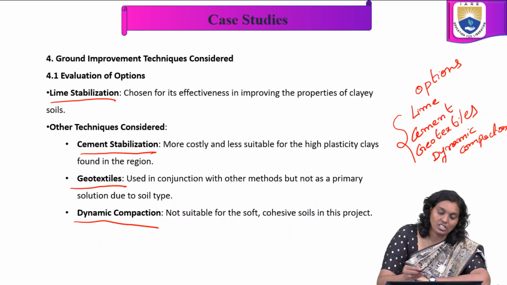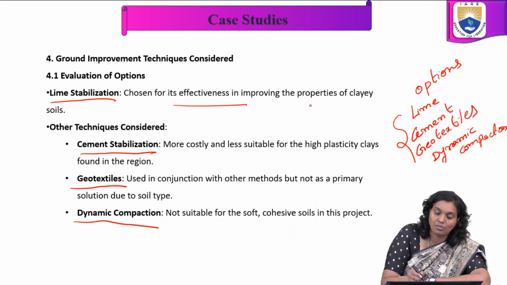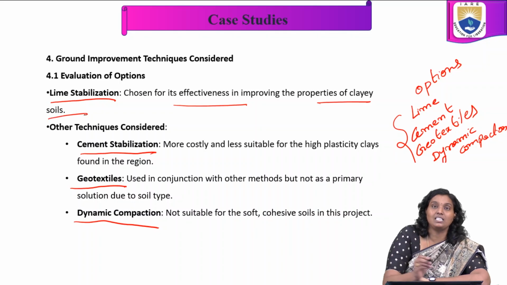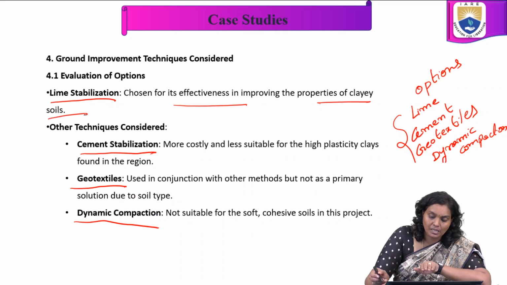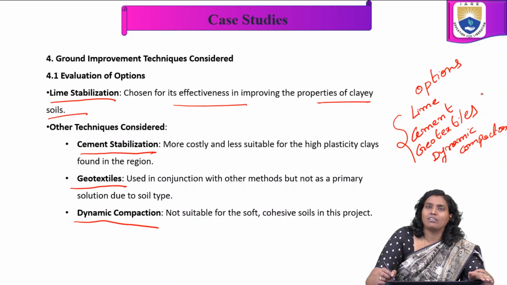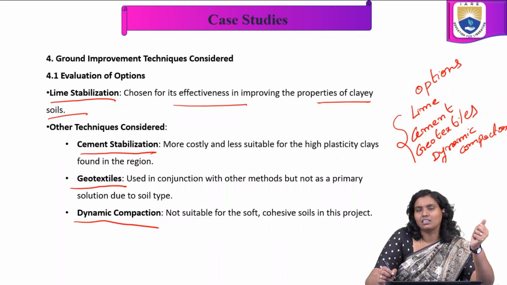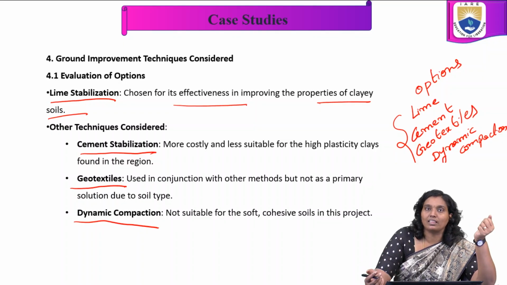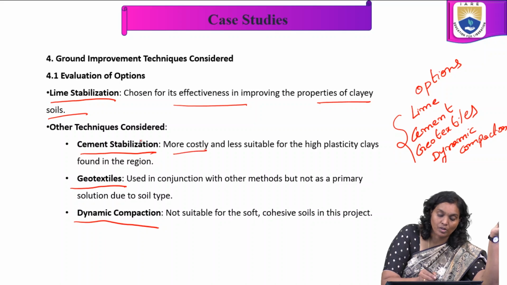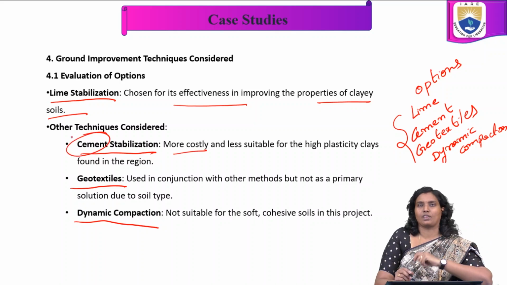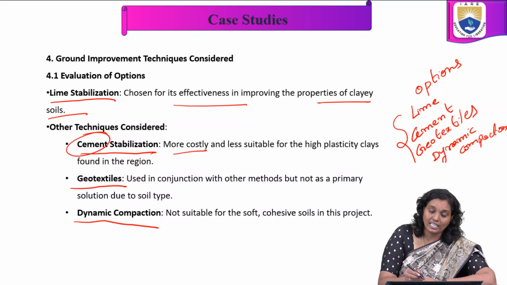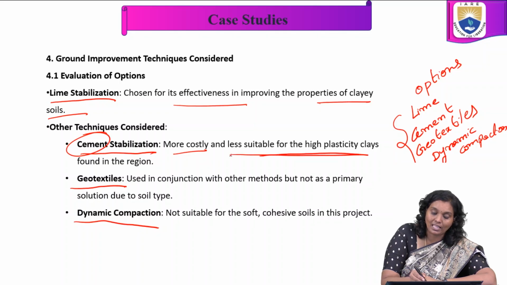Lime stabilization is chosen for its effectiveness in improving the properties of clayey soils. Why did we not choose cement stabilization for this existing NH widening and strengthening? It is more costly because of the cement and other materials, and it is less suitable for highly plastic clay.